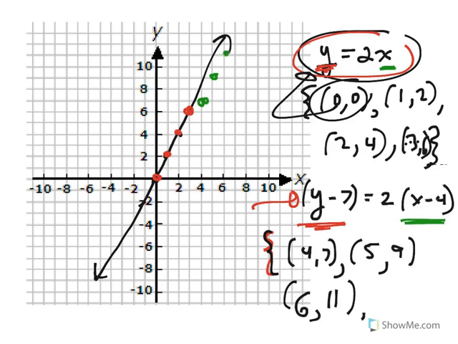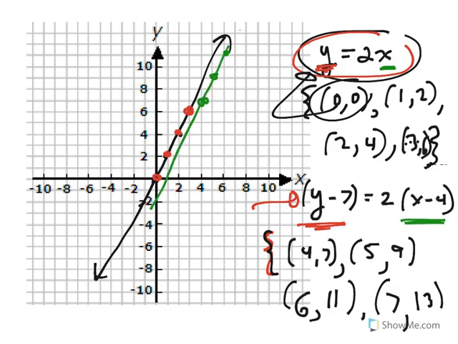And just for one more practice, 3, 6. Now there's all kinds of points on the second line, but I want to just do the 4 that are related to the 4 in the first line. So to get 3, 6, I need to put 7 in for x. That turns x minus 4 into 3. And I need to put 13 in for y, so that it becomes 6 equals 2 times 3.